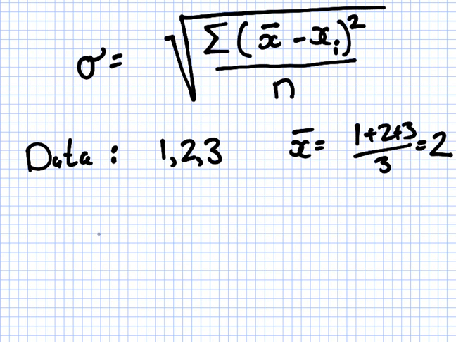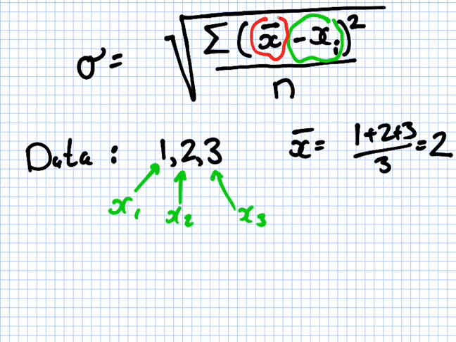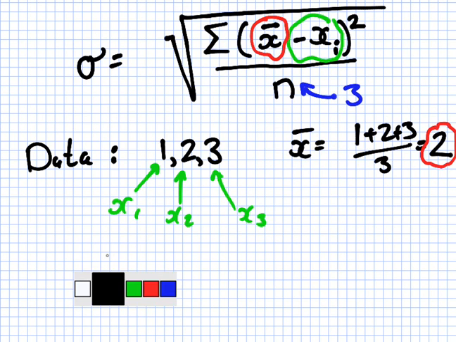Just to be clear, xi is each point of data. So this is x1, this is x2, this is x3. So that will go in here in the formula. And then this here is the average, which I've just worked out. And what would the n be in this example? 3. So let's calculate it.